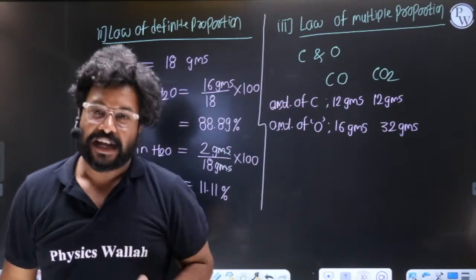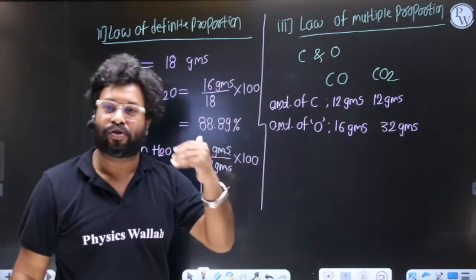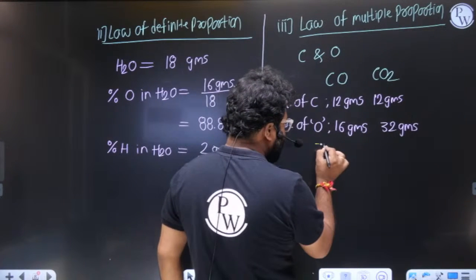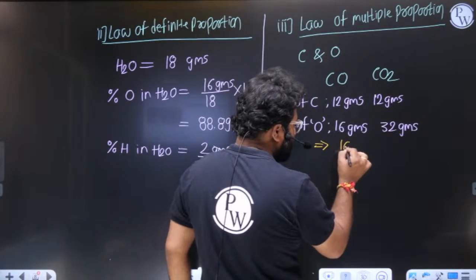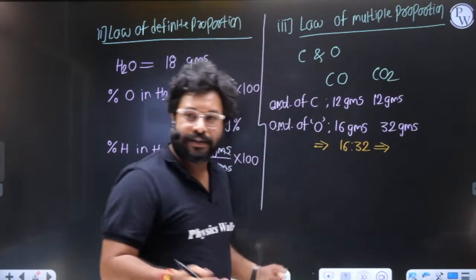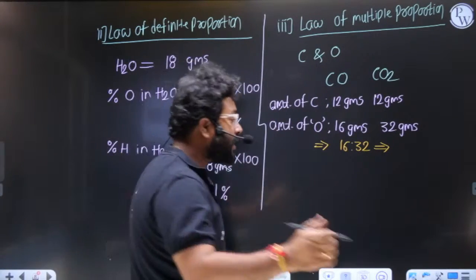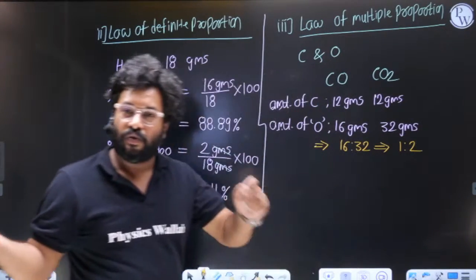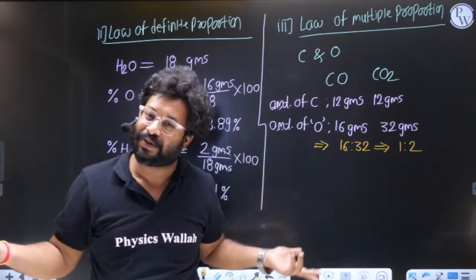And that is what the law of multiple proportion says. So let's come down here. What is the ratio between 16 and 32? 16 is to 32. You might know the table of 16. 16 1 is 16, 16 2 is 32. So the ratio comes out to be 1 is to 2.